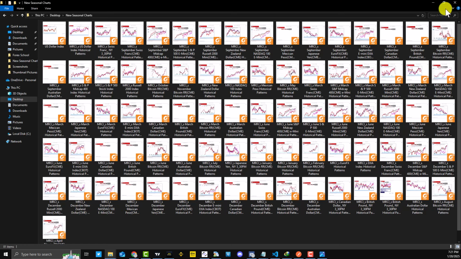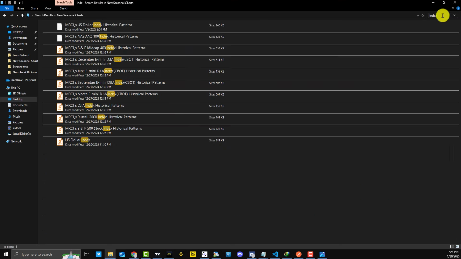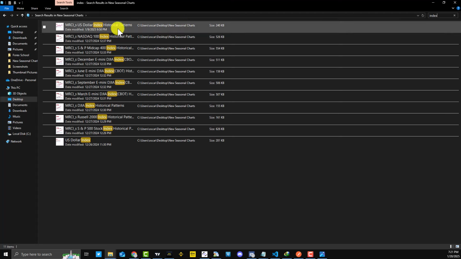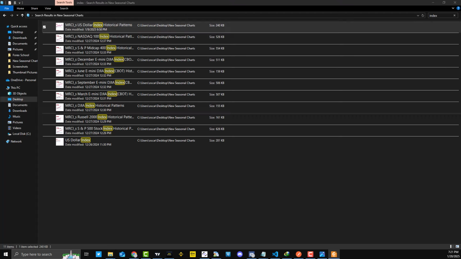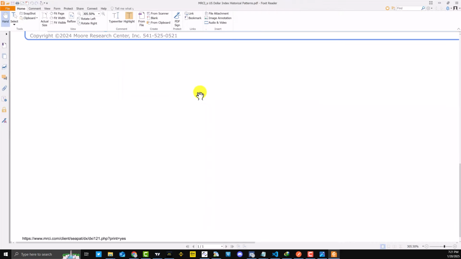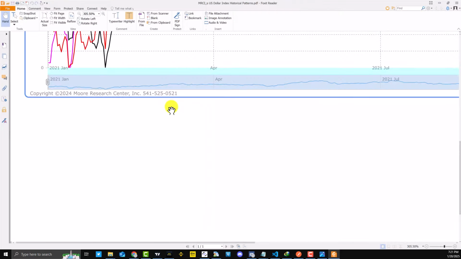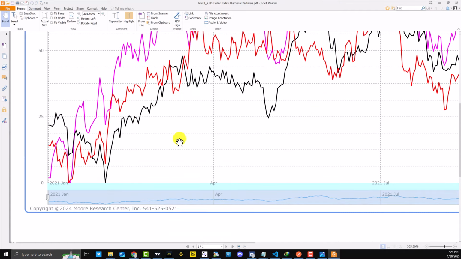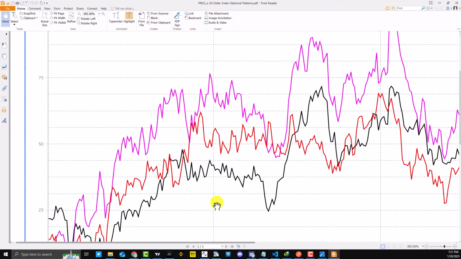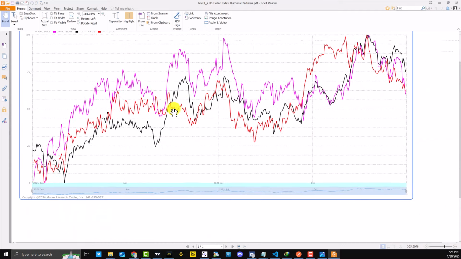So let me look for the dollar index. Yeah, so it is a historical pattern for the dollar index. Okay, yeah, so you see how it is from January to April. This is a zoomed in version. Let me zoom up a little bit.